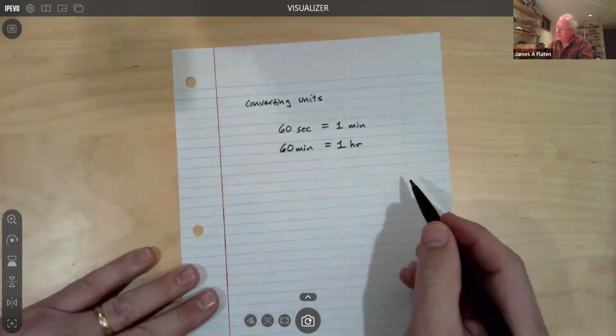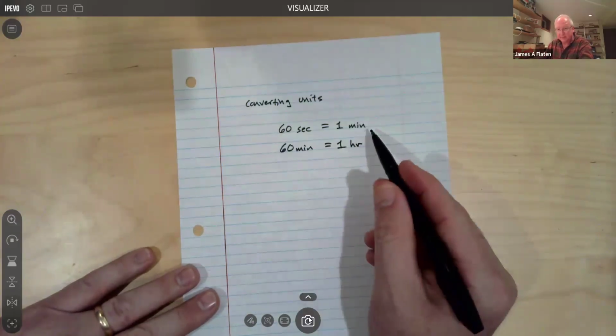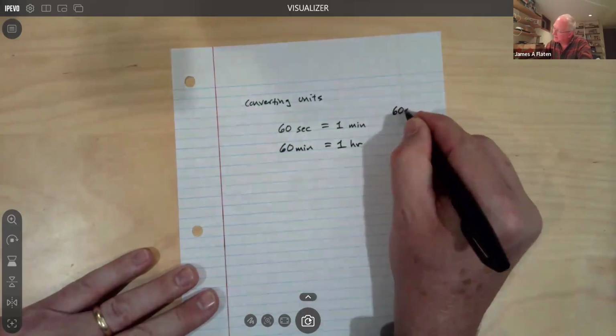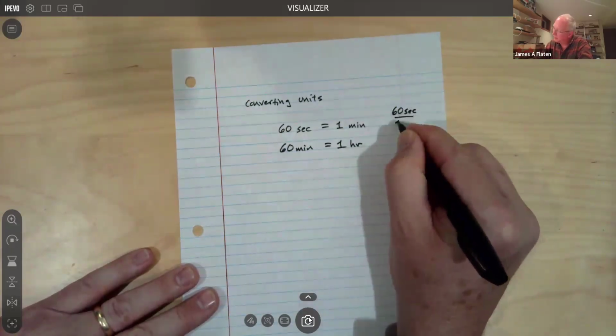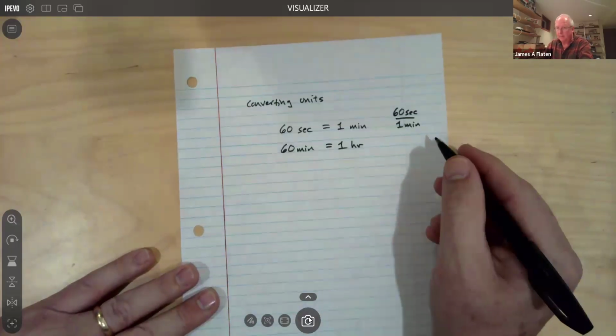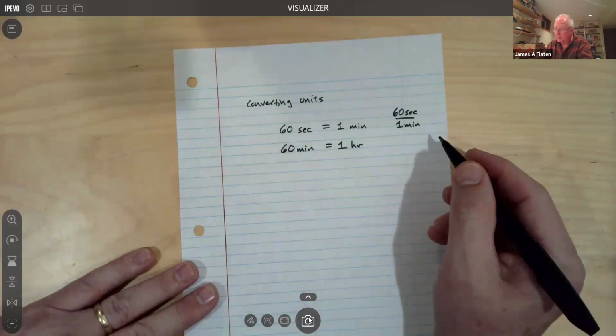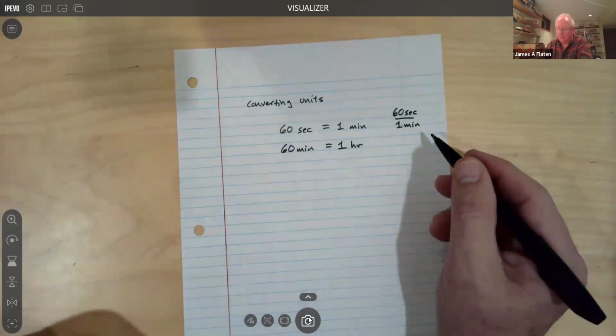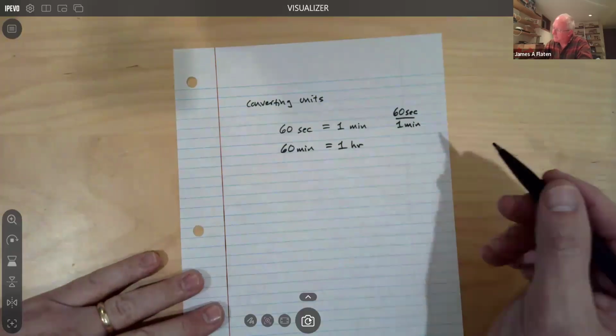And what that means is that if 60 seconds is really the same thing as 1 minute, then 60 seconds over 1 minute is a ratio who's equal to 1. And the reason it's equal to 1 is that the numerator and the denominator are the same thing. They have different units. They look different, but they are the same thing.